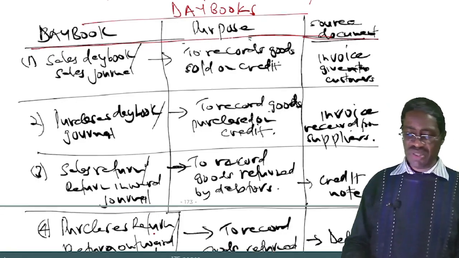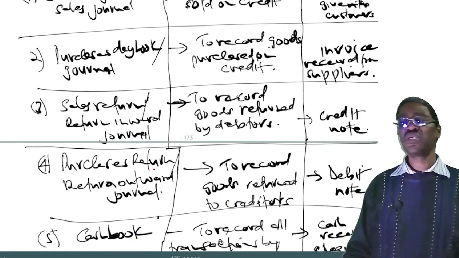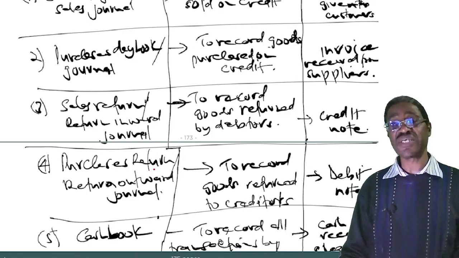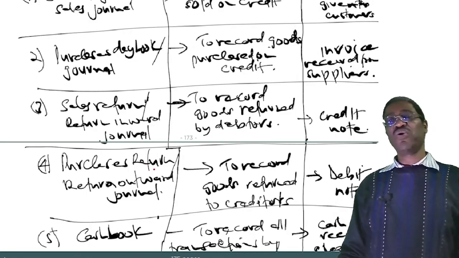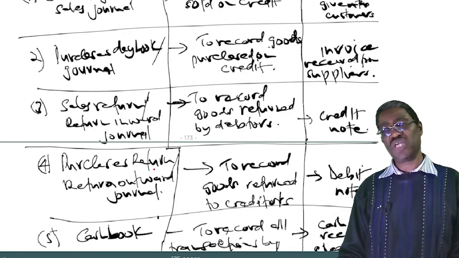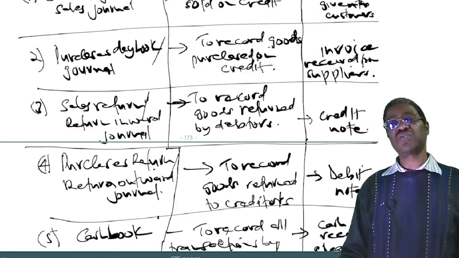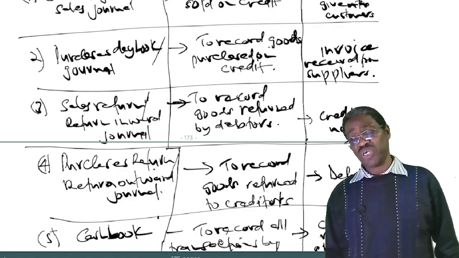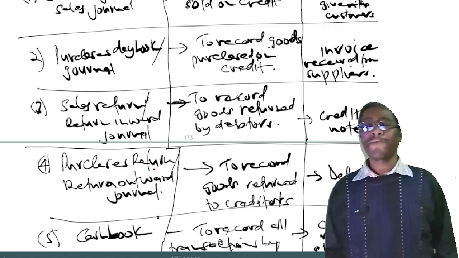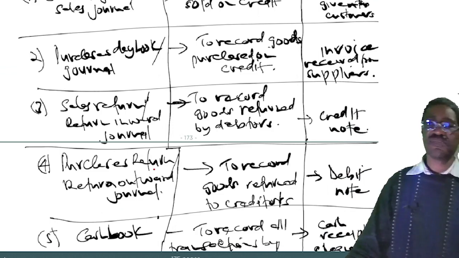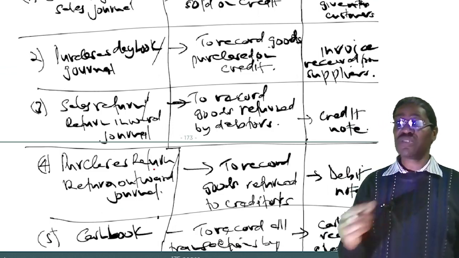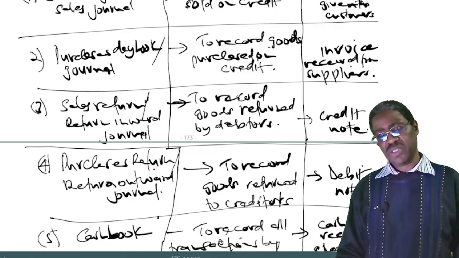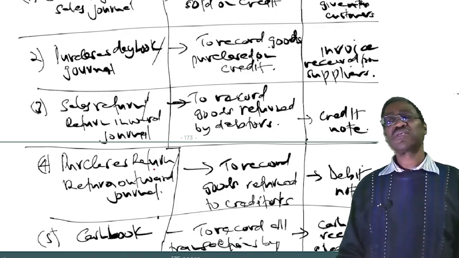We now go to number 3. What we are calling the sales return, or return inwards journal, or daybook, whatever it is. Good. Second column for it, to record goods returned by debtors.